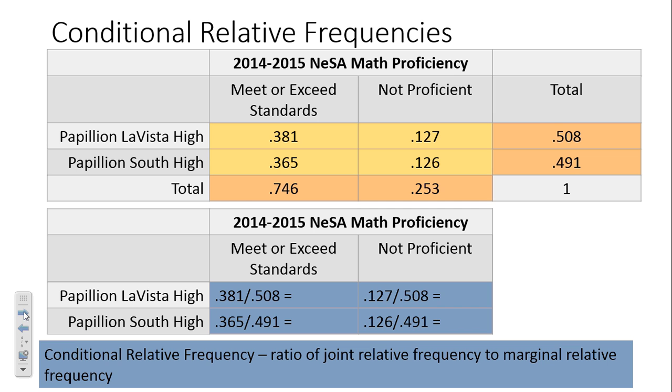So we're going to take our Papillion Livis to high, who it said only 0.381 met, was proficient, or achieved those standards, and we're going to divide it by the 0.508 total value.